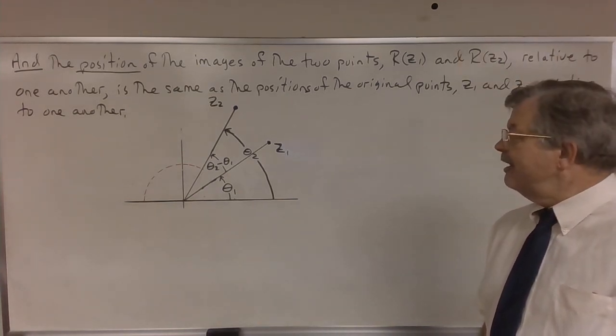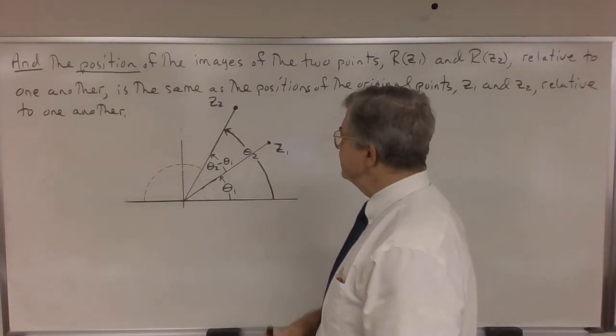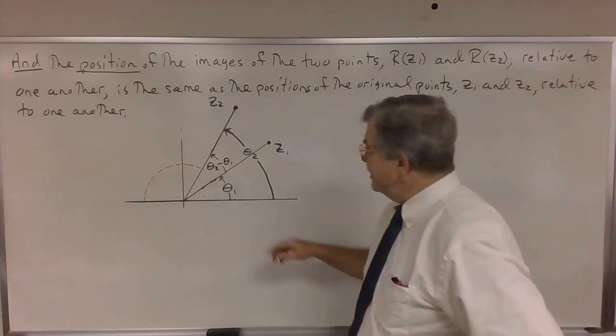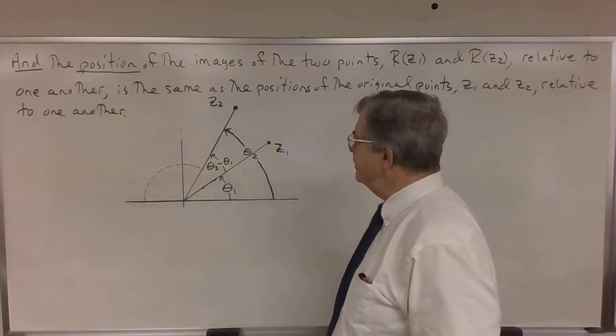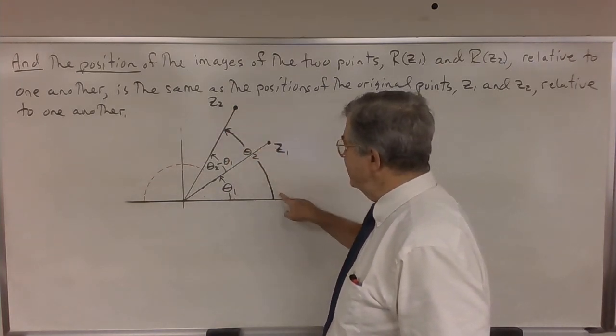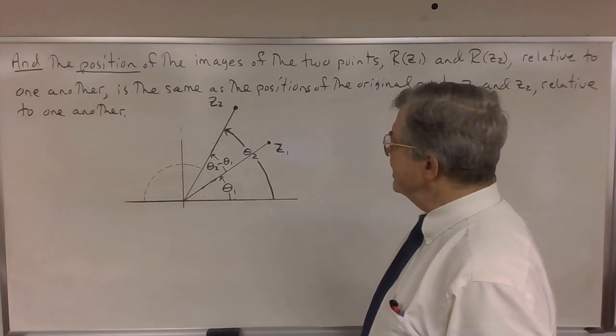Now, to start off, we look at z1 and z2. z1 makes an angle of theta 1 with the positive x-axis. z2 makes an angle of theta 2 with respect to the positive x-axis.